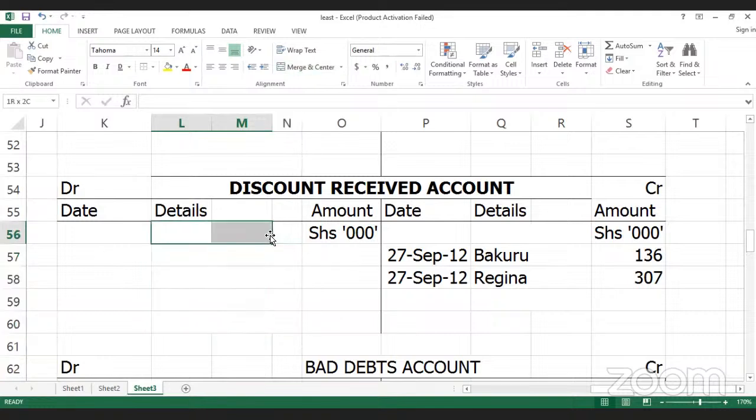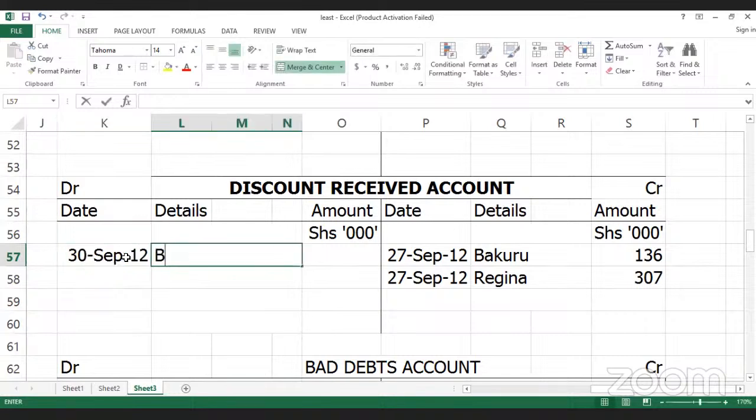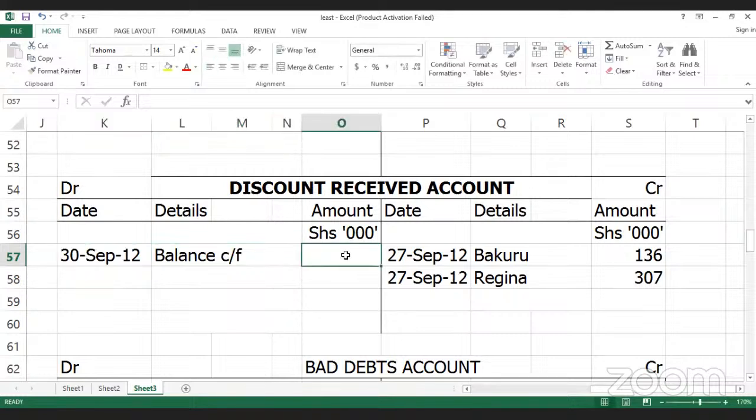So at the end of the month, 30th September 2012, balance carried forward. How much is the total? 443.